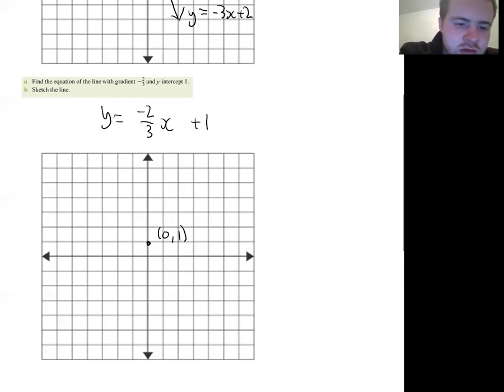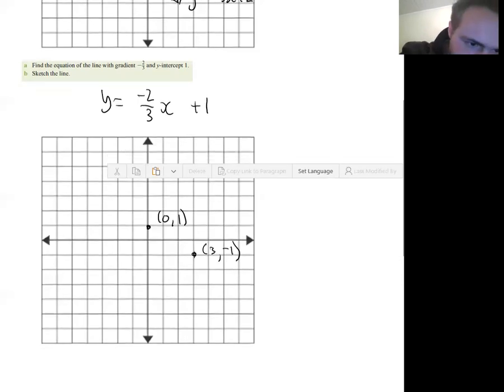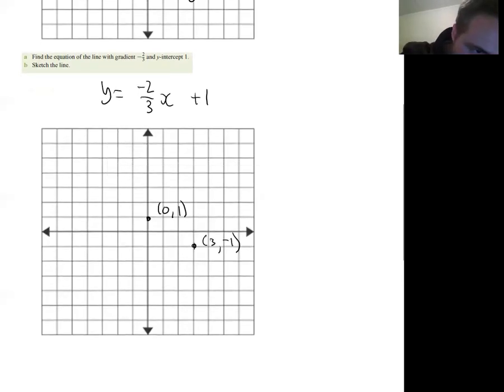So if I go to the right 3 and then down 2, I get my next point here, which is (3, -1). I've gone down 2 from where I was at 1 and across 3. Okay, we can now draw our line.